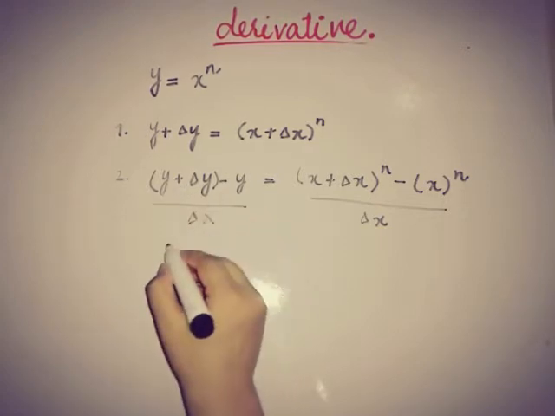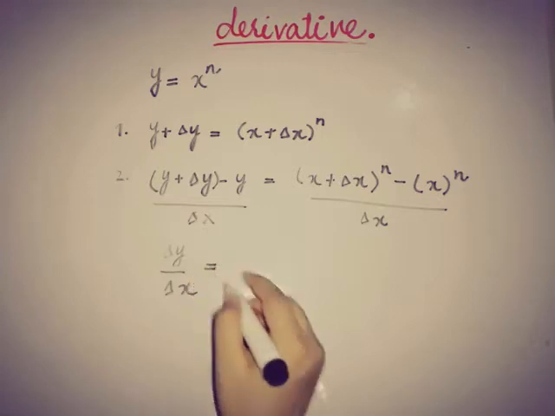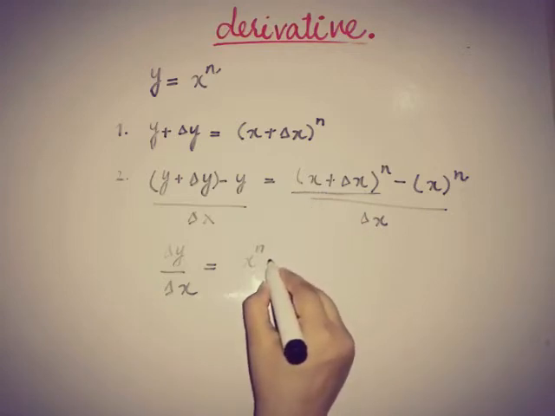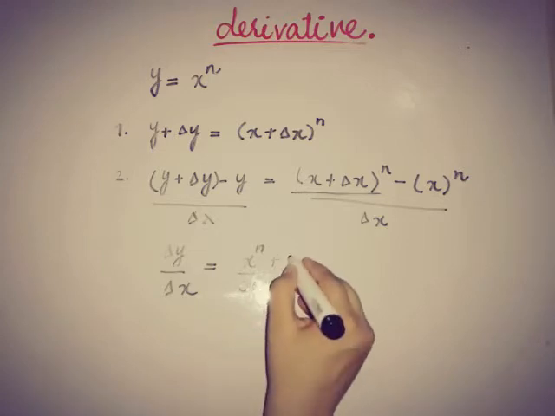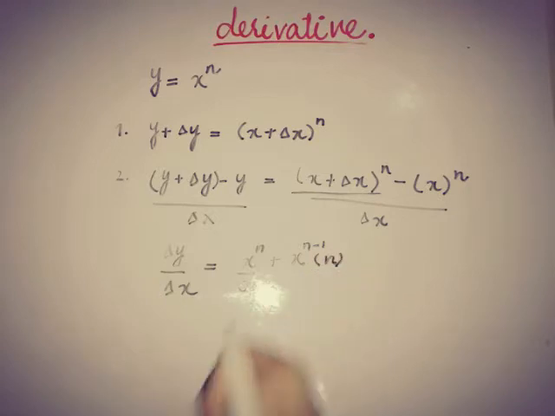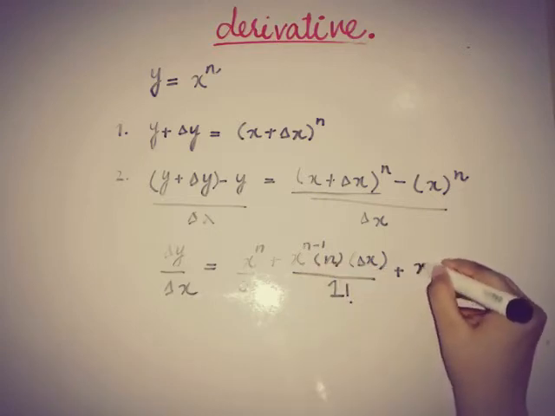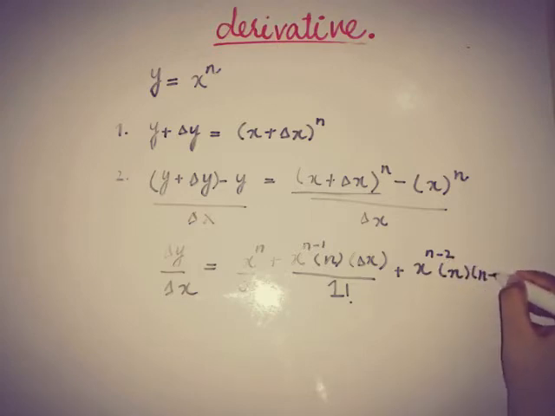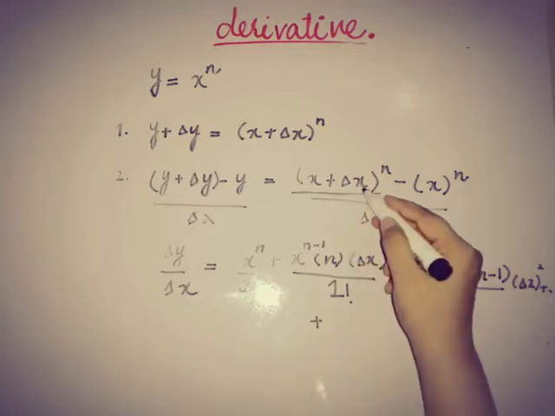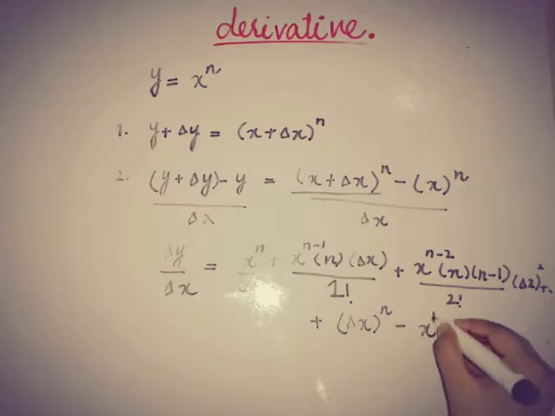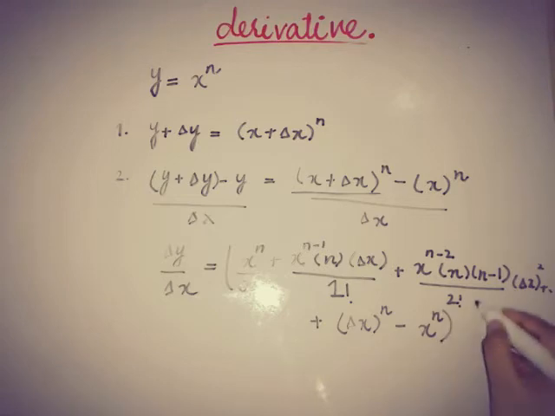So delta y over delta x is equal to x^n, this expression opened with the help of the binomial theorem, plus 0 factorial x^(n-1) into n into delta x over 1 factorial, plus x^(n-2) n into (n-1) over 2 factorial and delta x squared, plus so on, plus the last term delta x raised to the power n, minus x^n, and the whole divided by delta x.